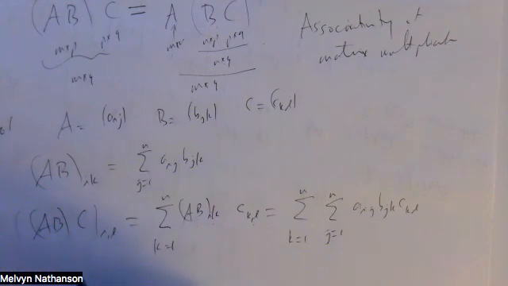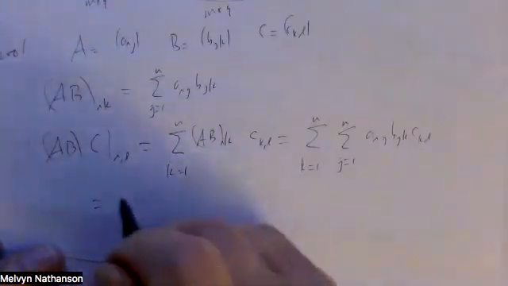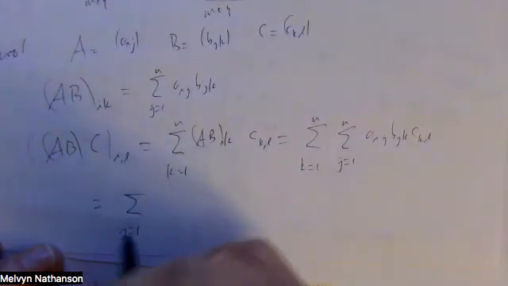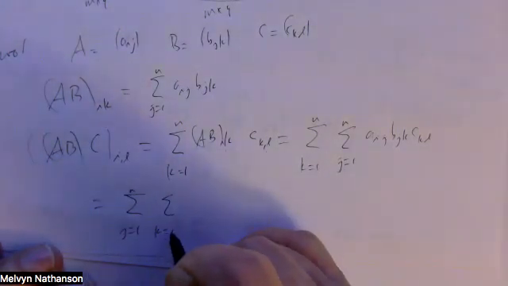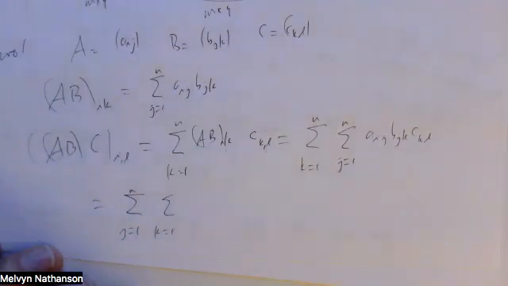And if I interchange the summations, this is summation, j goes from 1 up to n, summation, k goes from 1 up to n.